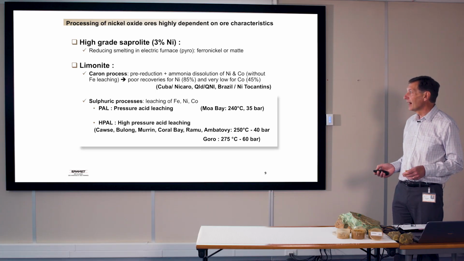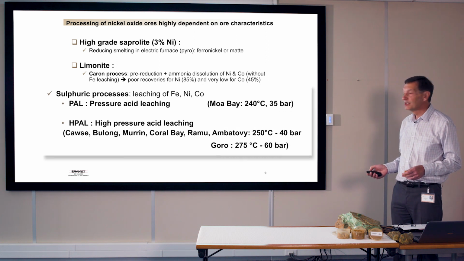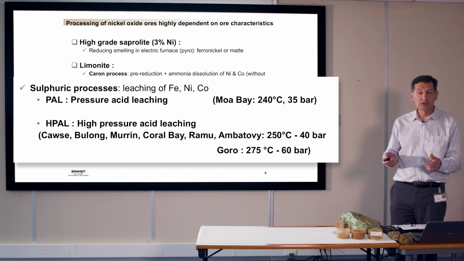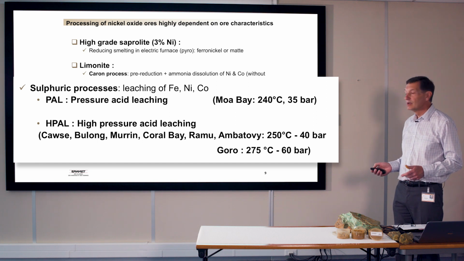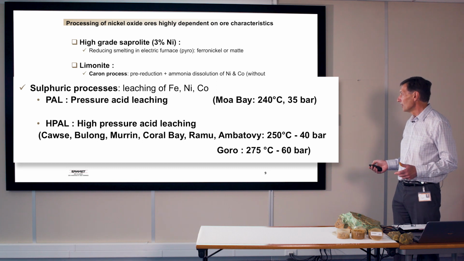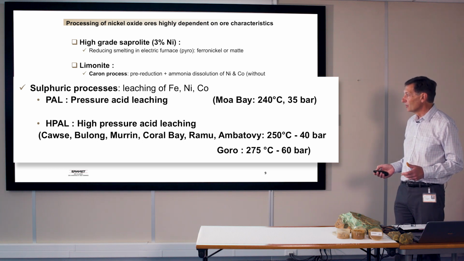For limonite also, two other kinds of processes, sulfuric dissolution, where you put in solution iron, nickel, and cobalt. You do that in an autoclave under very high pressure, 35 bars, you see, at 240 degrees C. We call that PAL, pressure acid leaching.